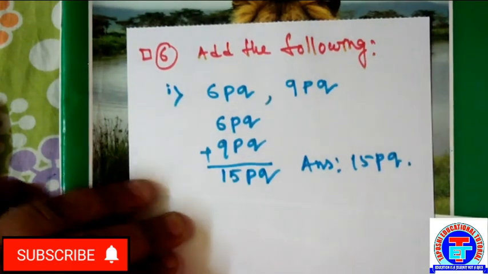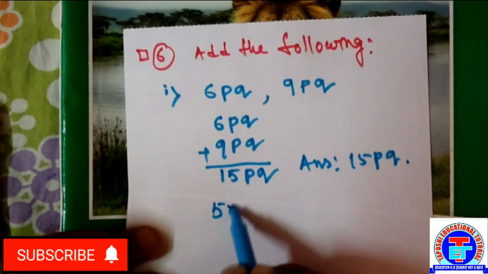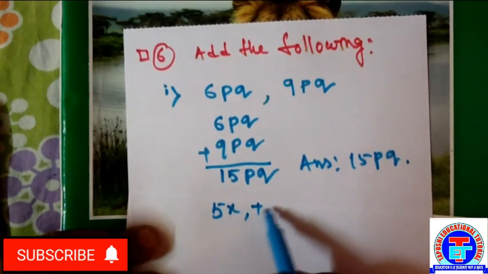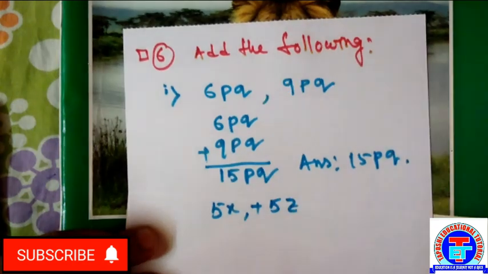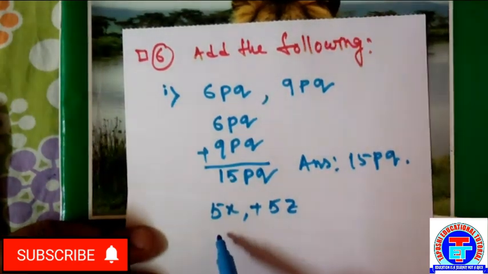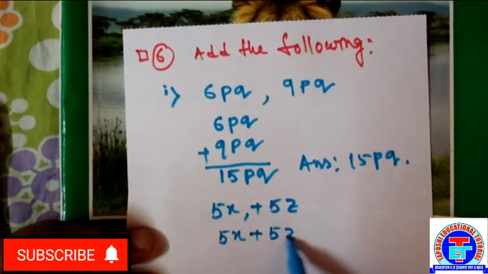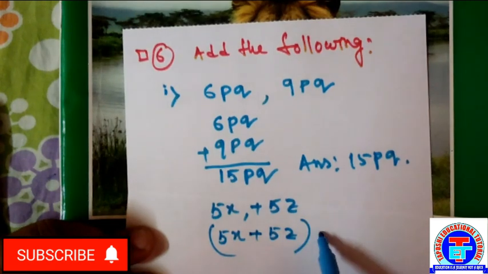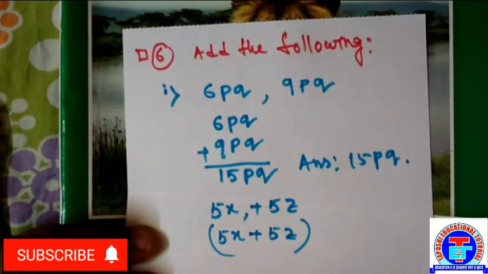In another case, suppose 5x and 5z are given. They can also be added, but the expression is written as 5x plus 5z. This is the answer we get from this addition, right?